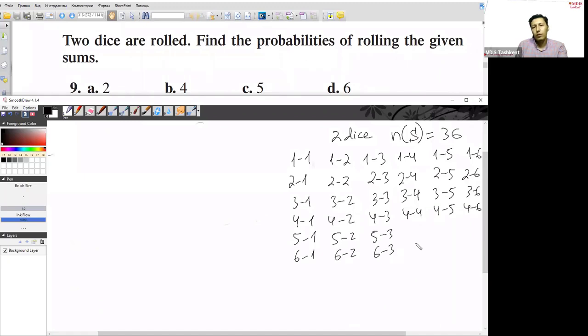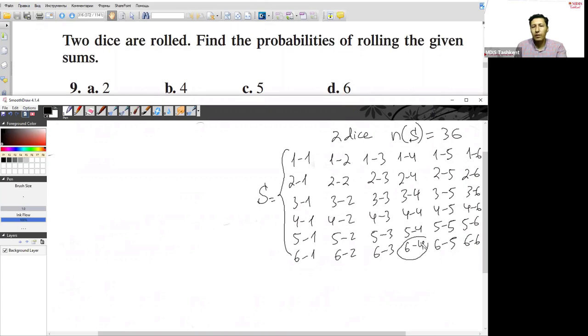Okay, it's better to list them. If they ask about 2 dice, it's better to write all the possible outcomes. This is S. Okay, sample space, all the possibilities.